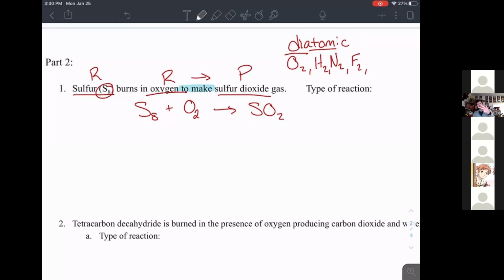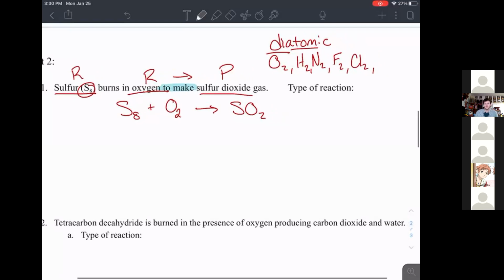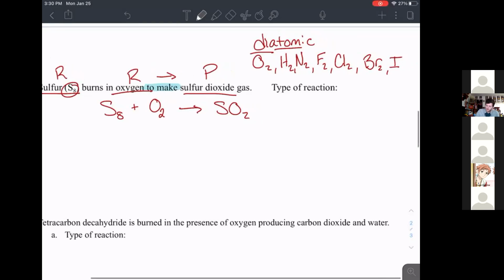Three more. Chlorine. Bromine. Iodine. Perfect. There's our 7. Hopefully you remember those.